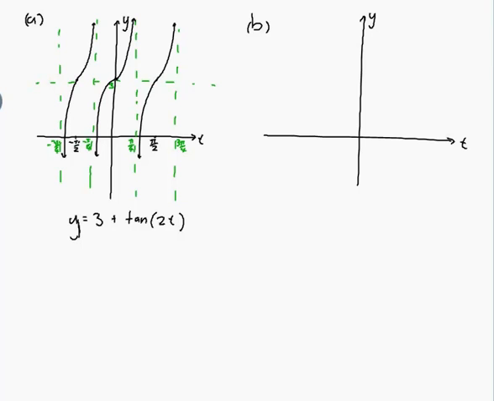But because we've got sine half of t, the whole thing stretched outwards by 2. So instead of reaching its highest point at pi on 2, it's going to reach its highest point at pi. Then it's going to come back down again and cross at 2 pi, and then reach its lowest point at 3 pi instead of at 3 pi on 2. And similarly in the other direction.